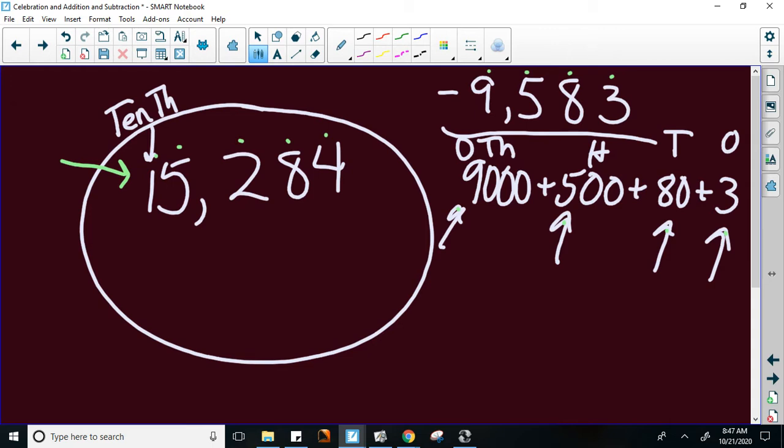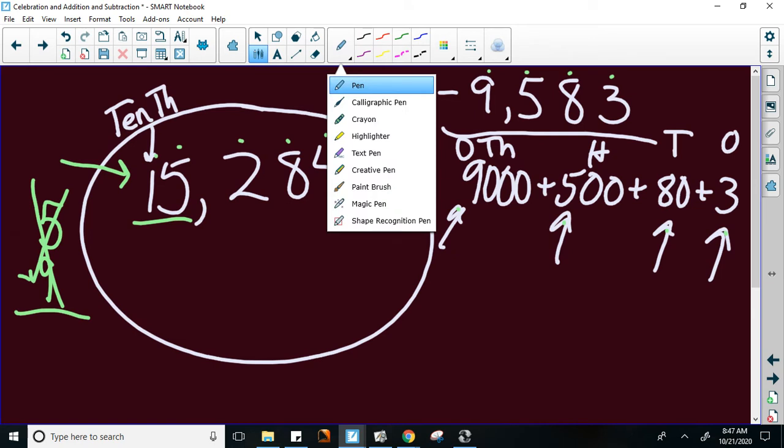So I'm going to take a huge chunk of this out because there are 15 thousands. I can't do just the 5,000 and take 9 away because if I have 5 things and I take 9 away, that is impossible. You cannot do it. Like, for instance, I wish I had pictures. Nope, I can do this.